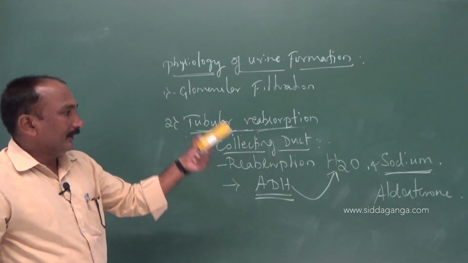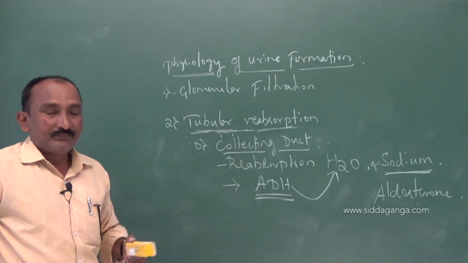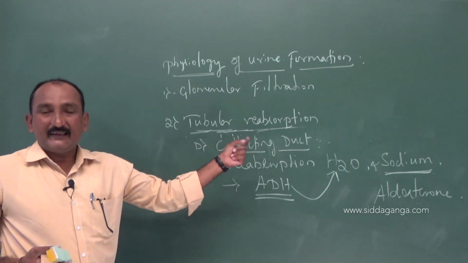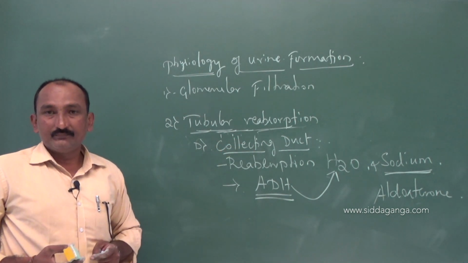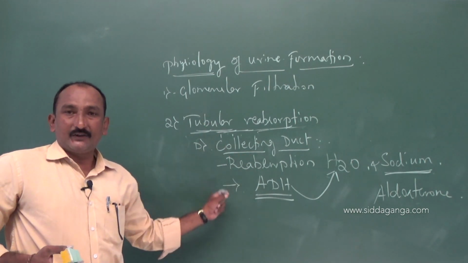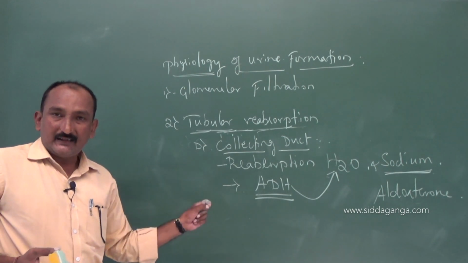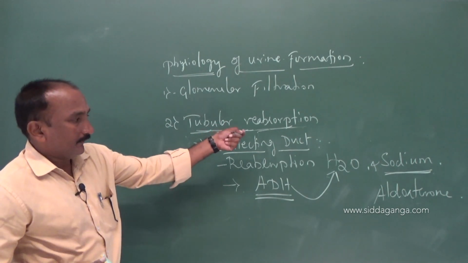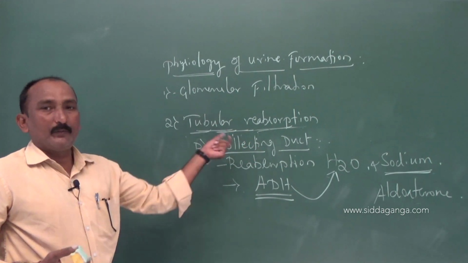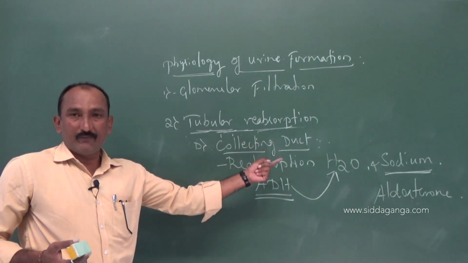So, tubular reabsorption is the process of reabsorbing essential molecules from the filtrate, such as water, sugar, amino acids, as well as some ions, with the help of various parts of the nephron.